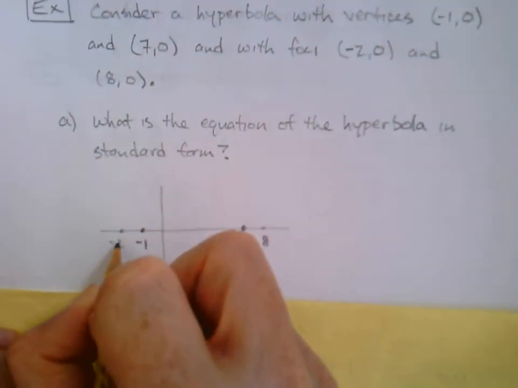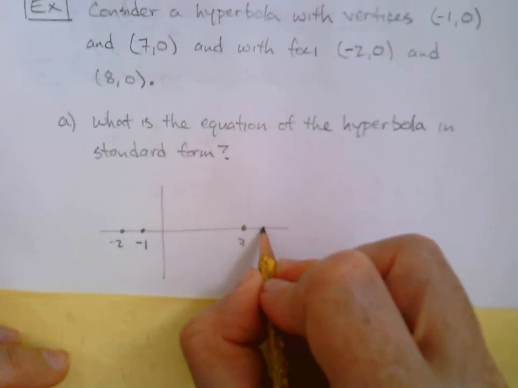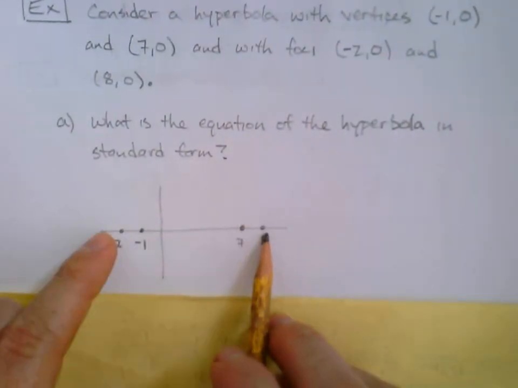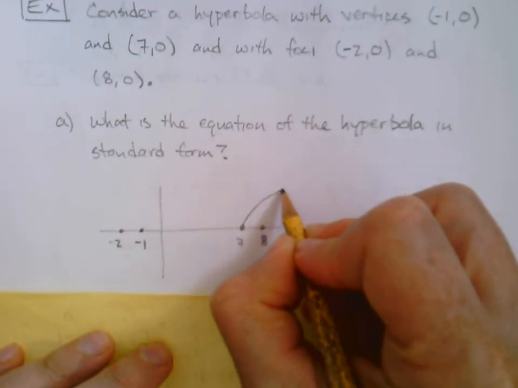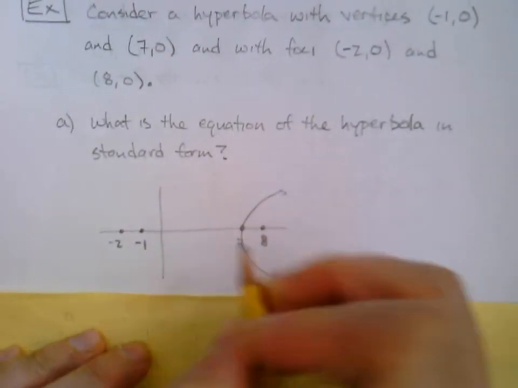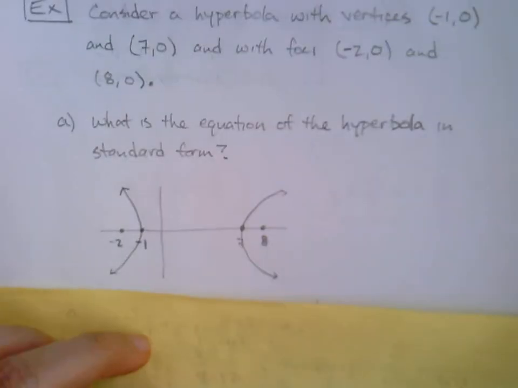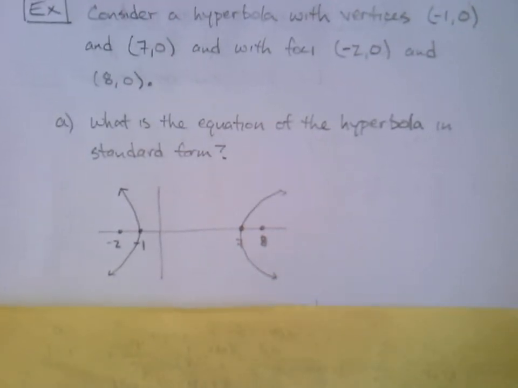Foci (-2, 0) and (8, 0). If these are the vertices and these are the foci, this is going to open right and left, like so. Now that's going to be helpful.